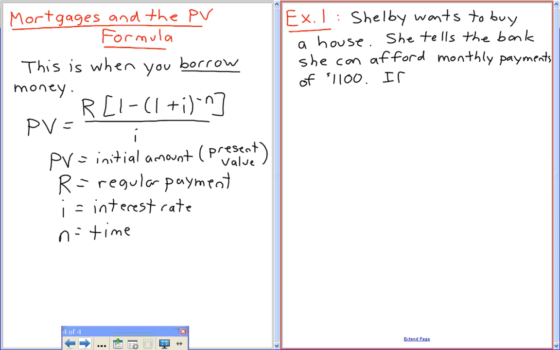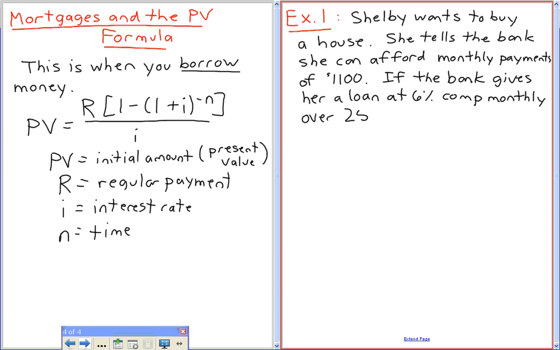If the bank gives her a loan at 6% compounded monthly over 25 years, how much house could she buy? How much? You heard it right.